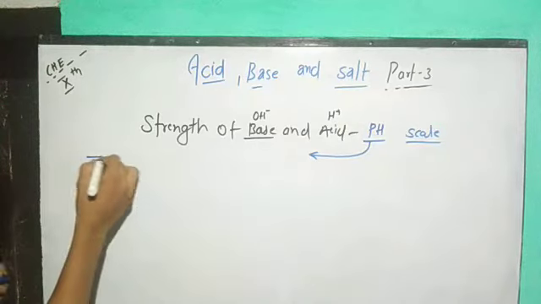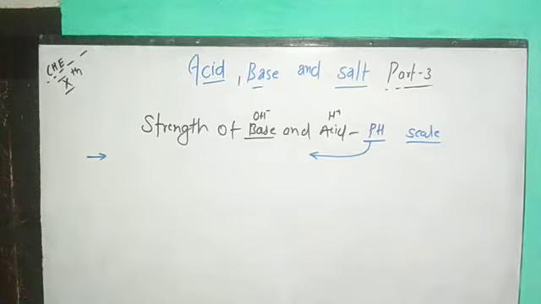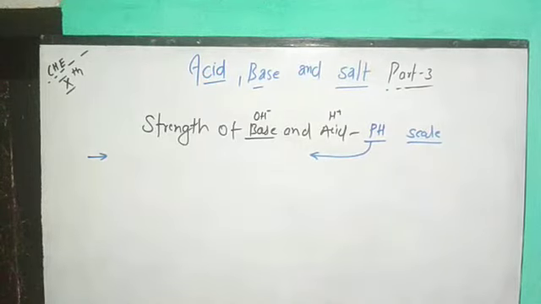Every acid solution contains H plus ions, which means hydrogen ion is always available there. But what about the strength of those acids? How can we say whether HCl is a powerful acid and whether sulfuric acid or another acid is less strong than HCl? So let's see how we can say it.